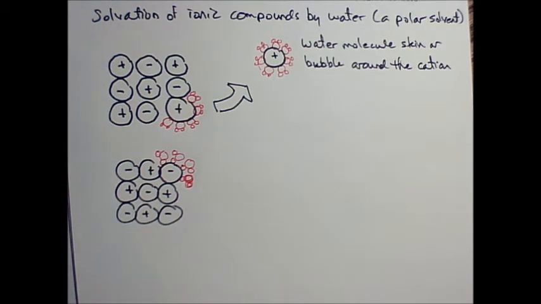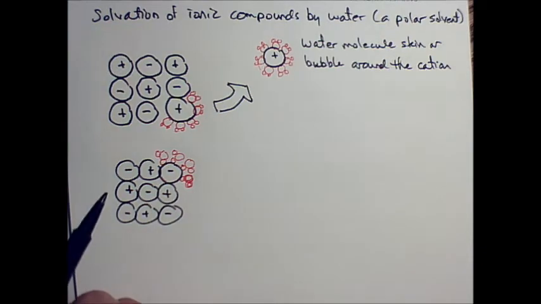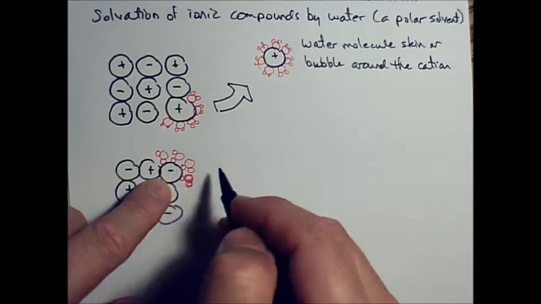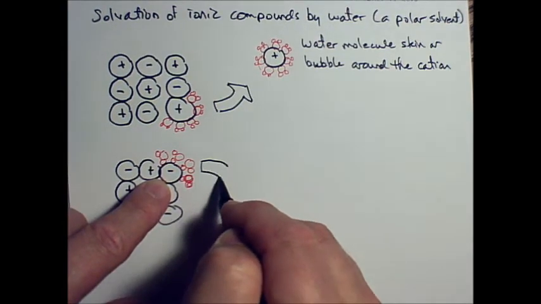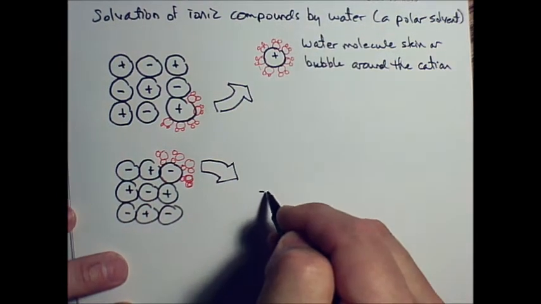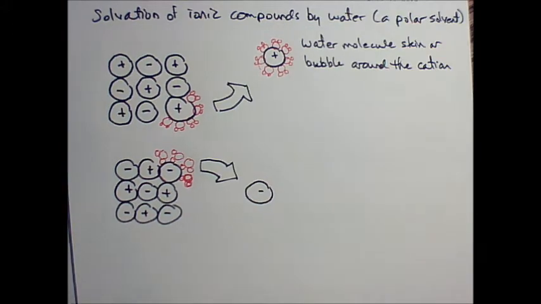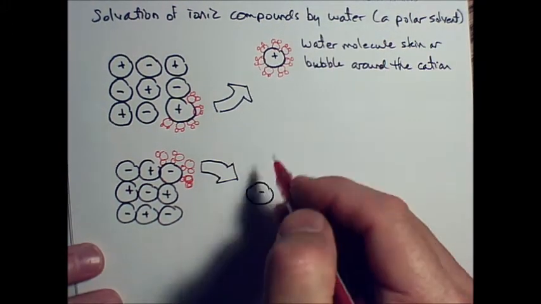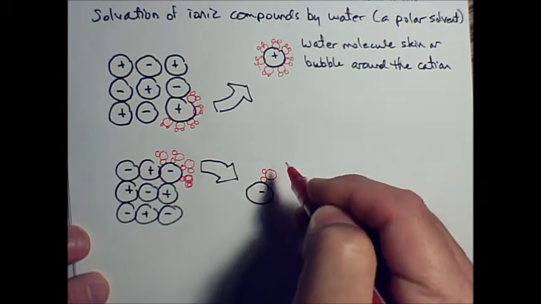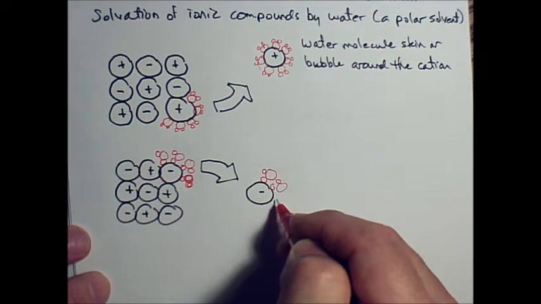Same sort of thing happens. Enough vibration occurs, and the partially positive end of the water molecule is satisfying the need of the ion for positive charge, and eventually it's going to break loose. Now this is all happening at a very, very high rate of speed. We talk about eventually, but these are happening really, really fast. But it's the positive part, the hydrogen part of the water molecule that is attracted to this.